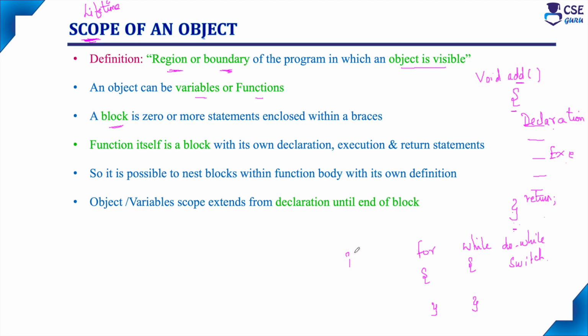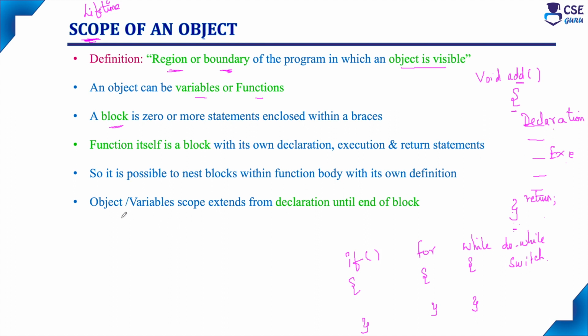The conditional statements, all the if statements, simple if, nested if, else if ladder, we will specify within a block. These block statements we can specify within the function body wherever required. So it is possible to nest any number of block statements within the function body, each with its own definition. That is nothing but nested block statements.